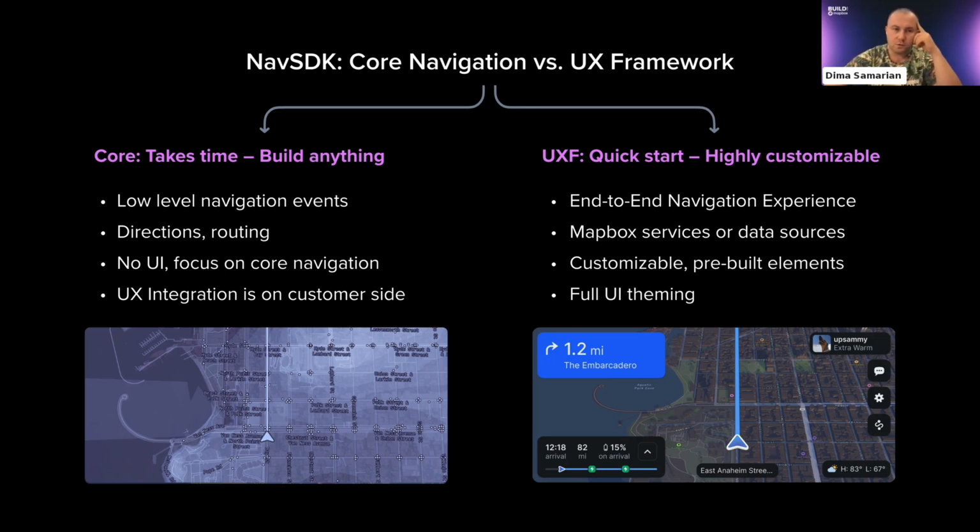It allows you to fetch routes, draw them on the map, control the camera, play voice instructions, etc. With Core, you can create a fully customized navigation application, but you need to coordinate all of the components by yourself. And it usually takes a lot of time and effort, and that's why we decided to introduce the UX framework.